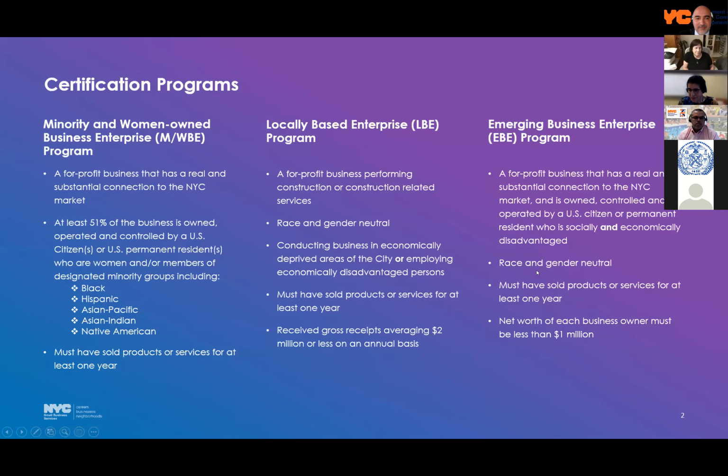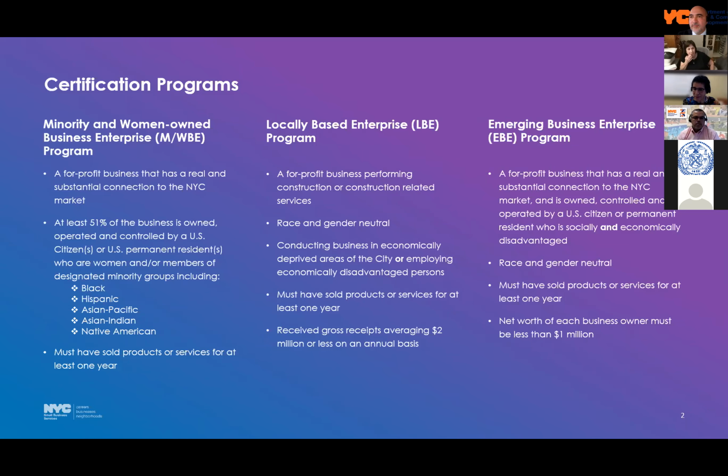SBS has 3 certification programs. The one that most people are familiar with is the MWBE certification program, which is for for-profit businesses. The for-profit businesses applying need to have some real and substantial connection to the New York City market. 51% of the business has to be owned, operated, and controlled by a U.S. citizen or a permanent resident.